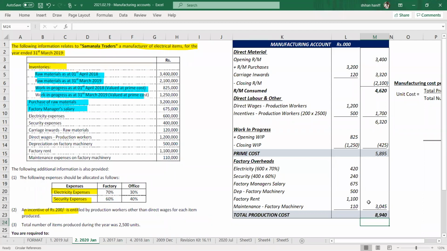Double check your answers. You can use a calculator, a basic calculator.